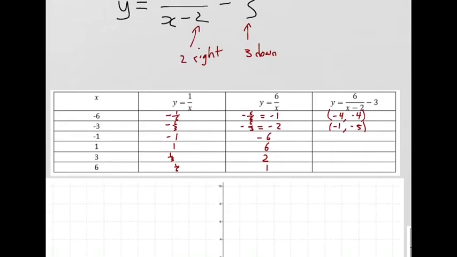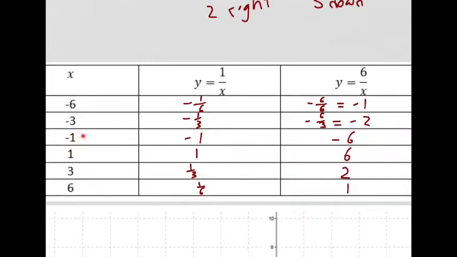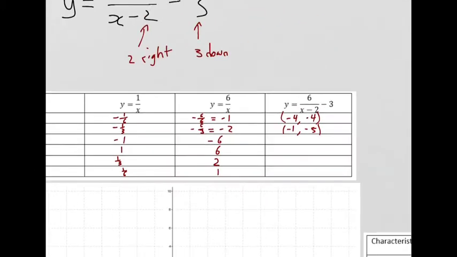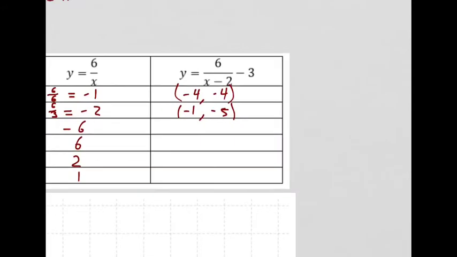Okay? You guys follow what I'm doing? Yeah. Okay. Negative 1, 2 to the right becomes positive 1. And then the y value after the stretch was negative 6, and then 3 down. So that would be negative 9.